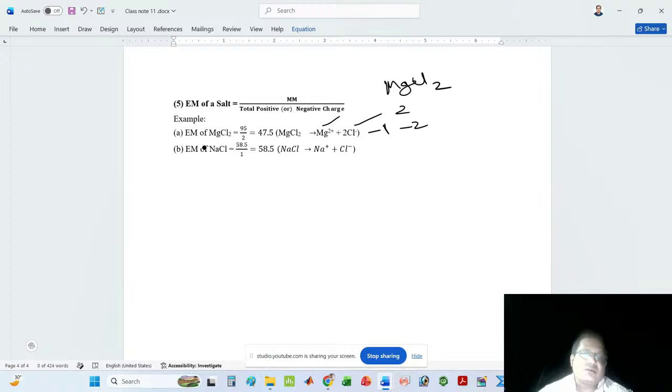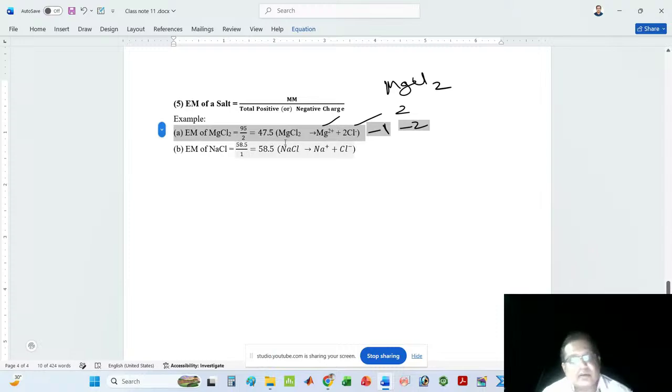Now move to the equivalent mass. Equivalent mass of MgCl2 is equal to 95 divided by 2, because the total positive or negative charge is 2 and the molecular mass is 95. So the equivalent mass of MgCl2 is 95 divided by 2, which is equal to 47.5. Like that, you can think about sodium chloride. When sodium chloride undergoes dissociation, it gives Na plus and Cl minus.